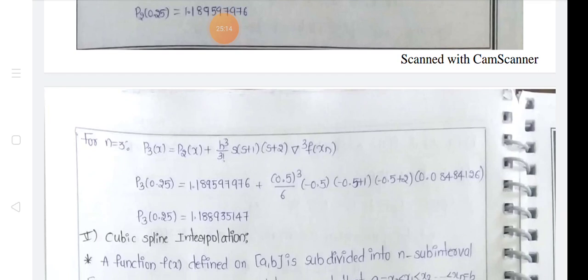For n equals 3, p3 of x is equal to p2 of x plus h cube by 3 factorial s into s plus 1 into s plus 2 del cube f of xn.